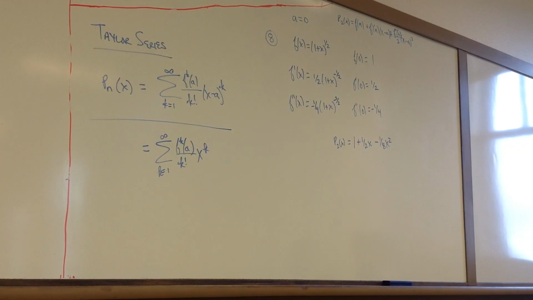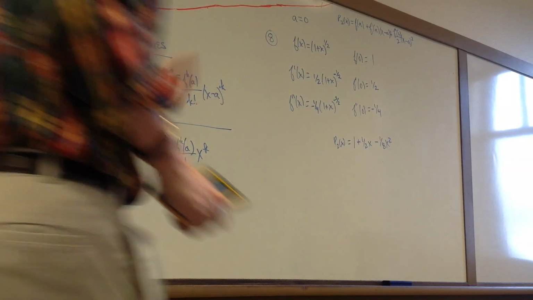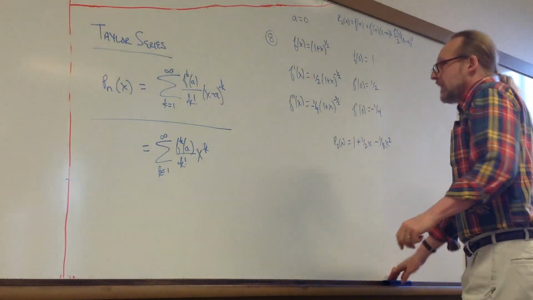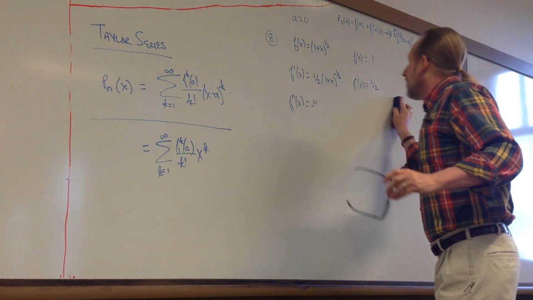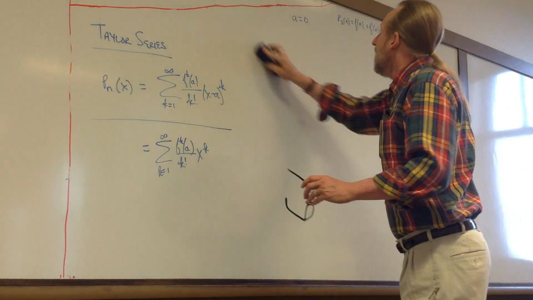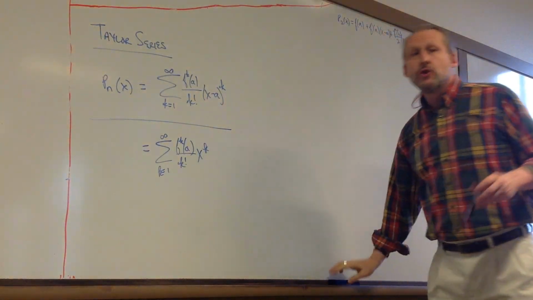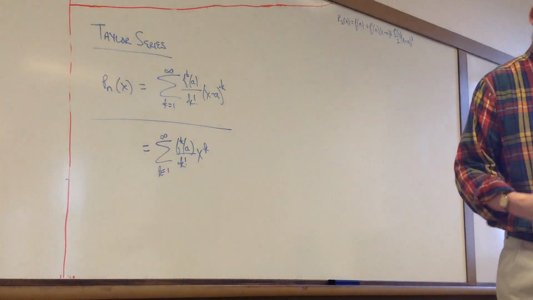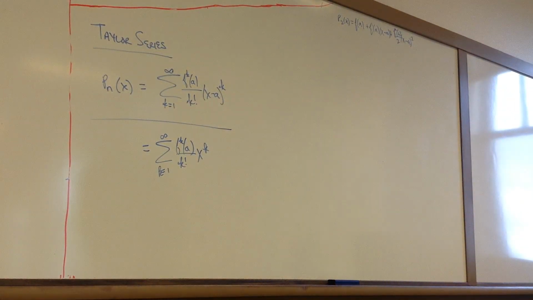Okay. So those are some good problems to get us started on building these approximating polynomials. And then the last couple problems in this problem set have to do with using the polynomial to actually make an approximation. So let's look at problem 10 here.